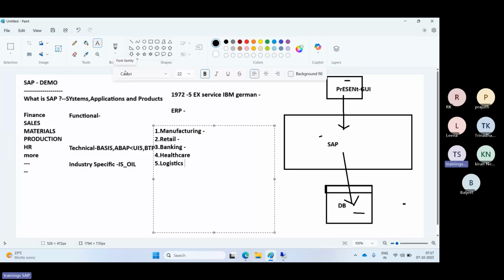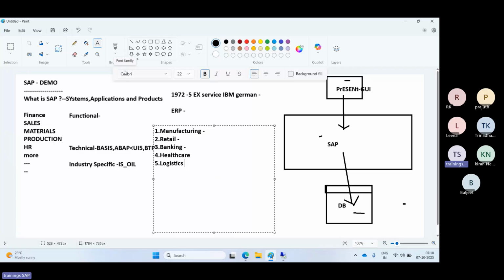Cloud also, with BTP nowadays. So it's not specific to one place, one industry, or one sector.